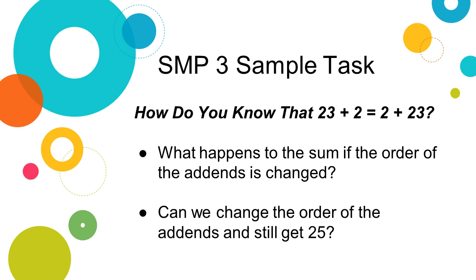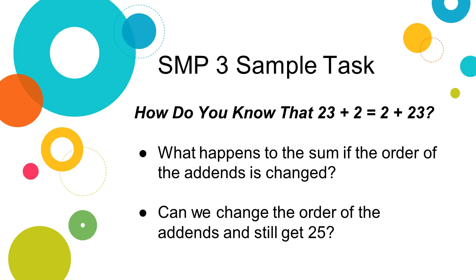Elementary students can construct arguments using concrete reference such as objects, drawings, diagrams, or even actions. Such arguments can make sense and be correct even though they are not generalized or made formal until the later grades.